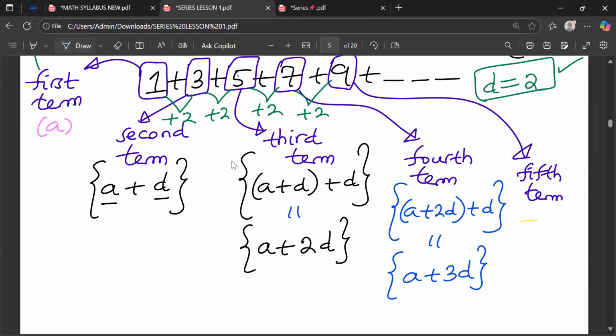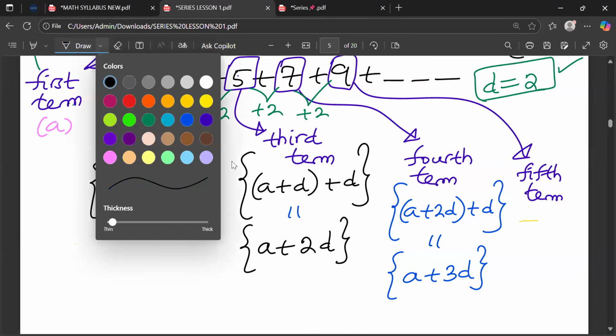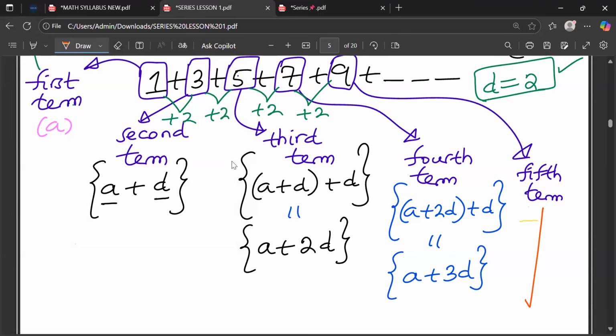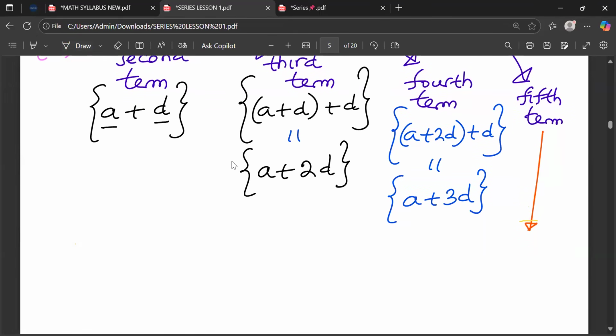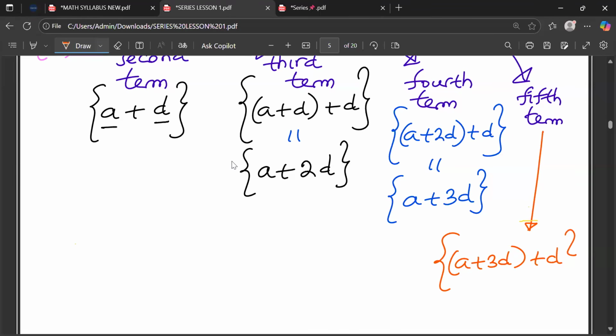Then when I go to the fifth term, this is the most important thing in the topic. If you don't get this, you'll never get the topic. So when I come to the fifth term, which is 9, I got my fourth term 7, and I still added common difference. But my fourth term 7 is A plus 3D. Then I again added my common difference 2 to come up with a 9.